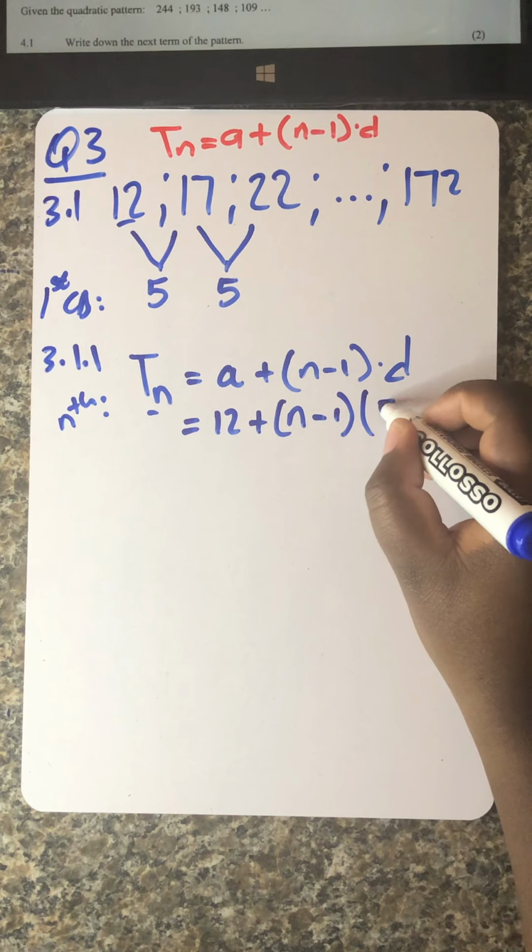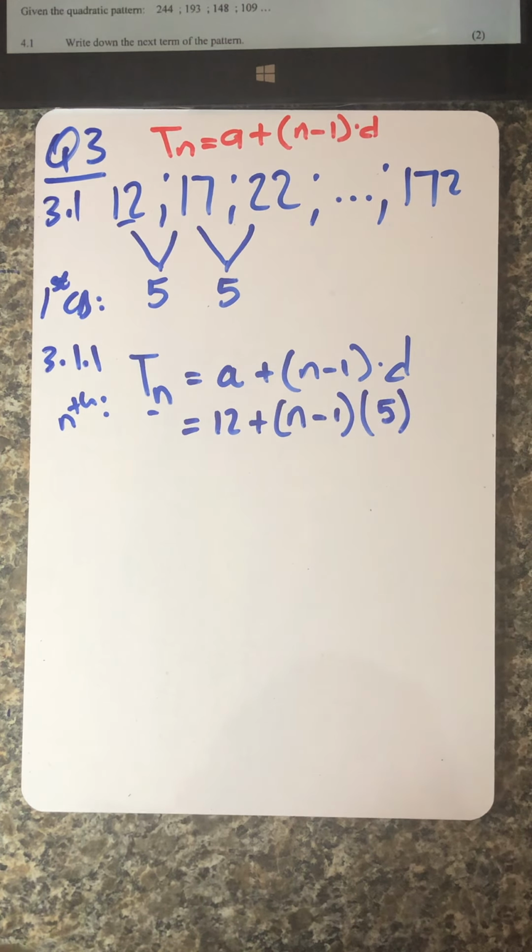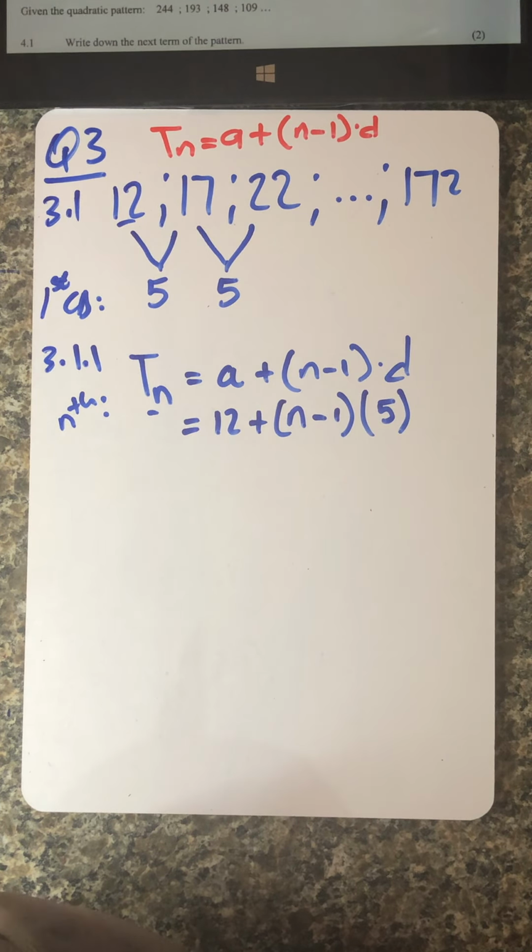We know our D is equal to 5. Very important, guys. Our D is equal to 5. Okay, so guys, let's now proceed with this question. I'm just trying to think of something, guys, in case I didn't get that formula correct.